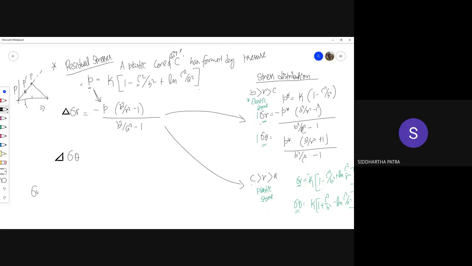Basically calculate the residual sigma R, which is sigma R from the elastic and the plastic zone. The expression would be different in the elastic zone, and different in the plastic zone. For each zone, take the corresponding value of sigma R and subtract delta sigma R, which needs to be unloaded. Get the expressions for the residual stresses, sigma R, and then sigma theta.